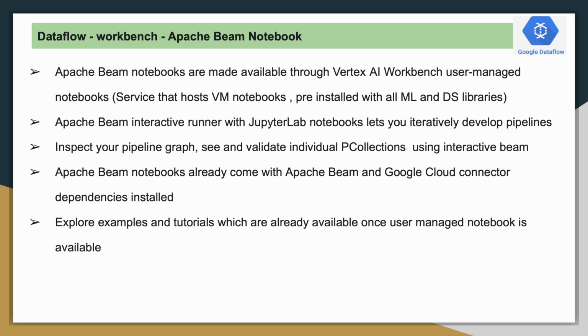You write a piece of code belonging to the pipeline and test it immediately, then add one more piece and test again. Once you see your expected output, you repeat this process until you complete the pipeline development. This is the greatest advantage of Apache Beam notebooks.